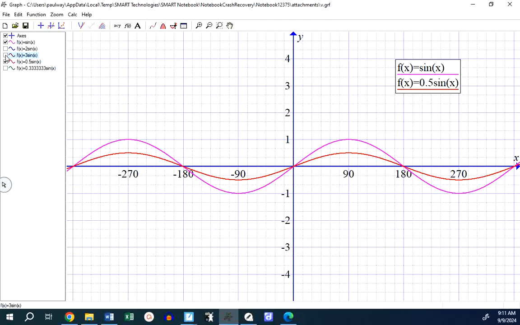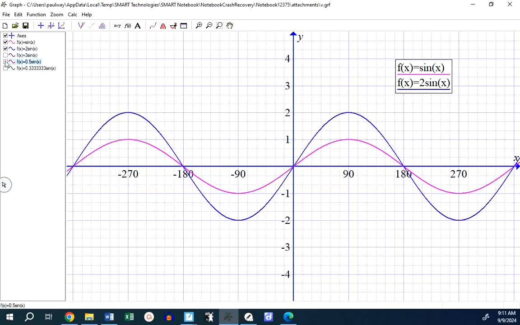I'm going to go back to 2 sine of x. I focused my attention on this point and this point, but I could as well have focused my attention on this point and this point, or in fact any point. Every y coordinate is being multiplied by 2 in this illustration.